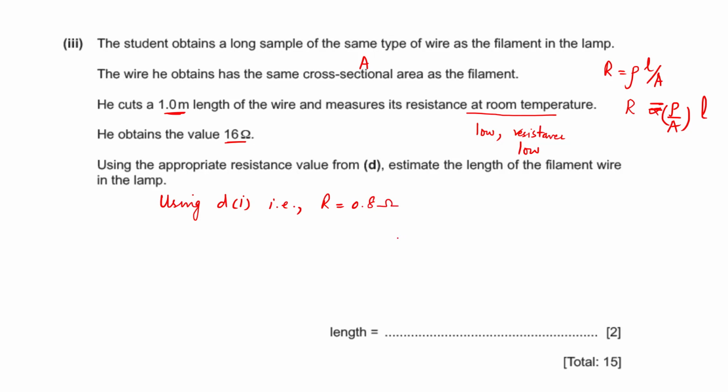So now we have to estimate. So first, what is the value the student has measured? The student has measured a resistance of 16 ohms for a length of 1 meter. So resistance is directly proportional to length, and we can say that resistance is K times length.